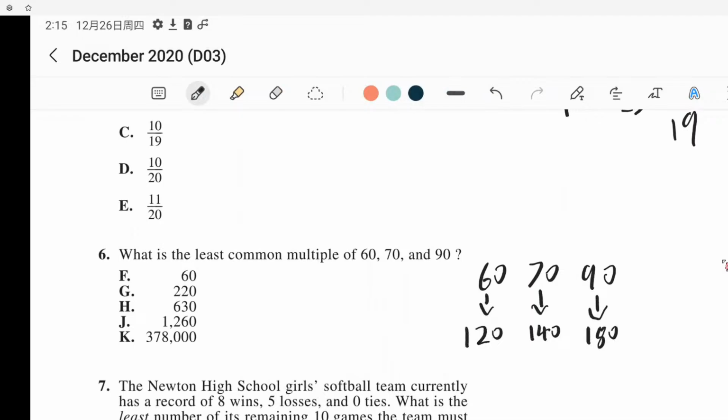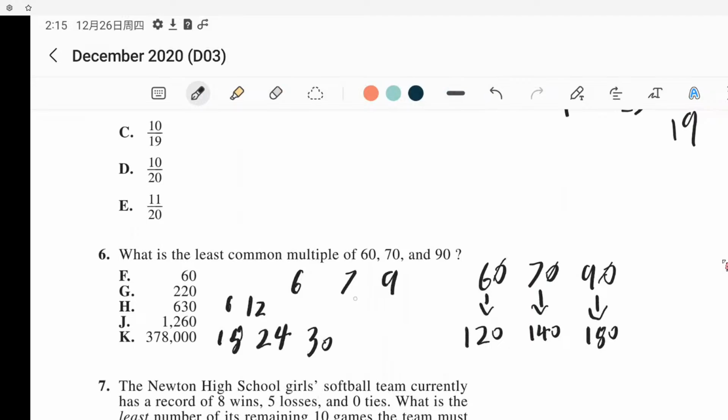So we want to find this for 60, 70, and 90. We can make this easier by erasing the 0 because it's useless. And we can think of 6, 7, and 9. If we think about the multiples of 6, it starts with 6, 12, 18, 24, 30.